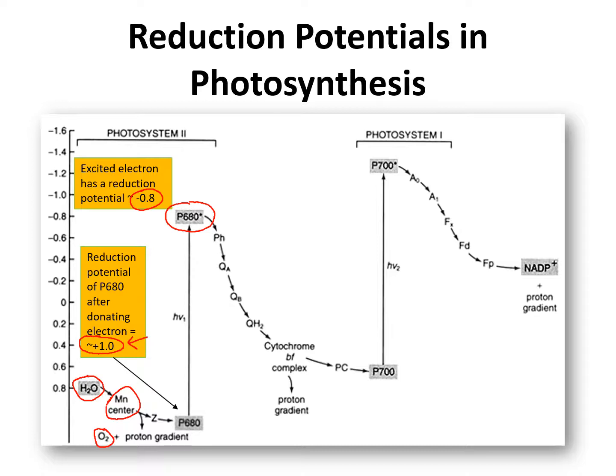So, we excite an electron, we create a gap in P680, and that gap, that hole that's created, we call it a hole, has a reduction potential of 1, and that allows us to pull an electron from water. Pretty cool, huh? So we end up making oxygen, and the protons that came from water end up getting pumped and becoming part of the proton gradient.